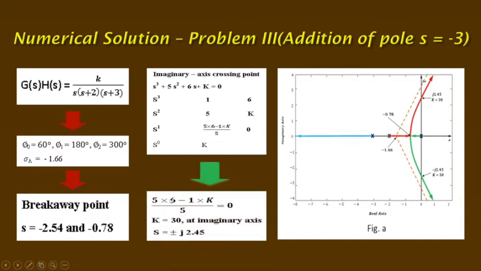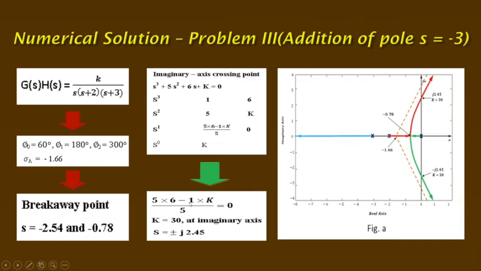If we consider this is equal to 0, then all values of this row are 0. Then from the upper equation we consider the auxiliary equation. Then from this equation we get k equal to 30.